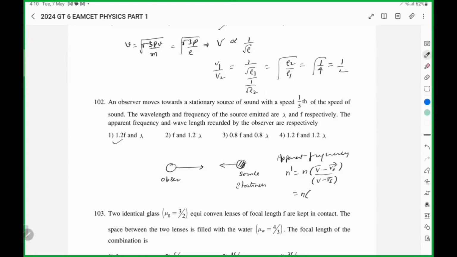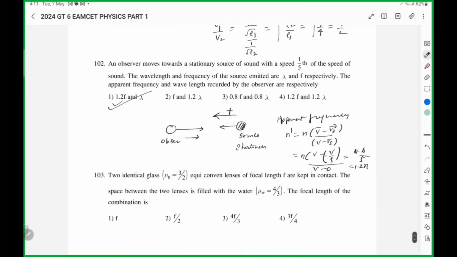Always take source velocity positively. Observer velocity is v by 5 in the opposite direction. Source is at rest. That is n into 6 by 5, that means 1.2 n. There is no change in wavelength when the source approaches the observer or the observer approaches the source.